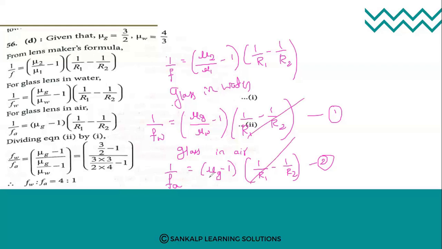So we will be left with only the refractive index terms, and the refractive indices of glass and water are given in the question. So the ratio will be 4:1. Option D is the answer. You can copy down the solution.